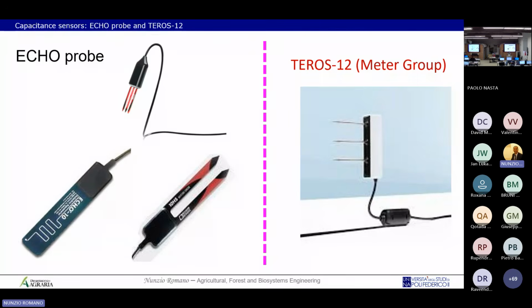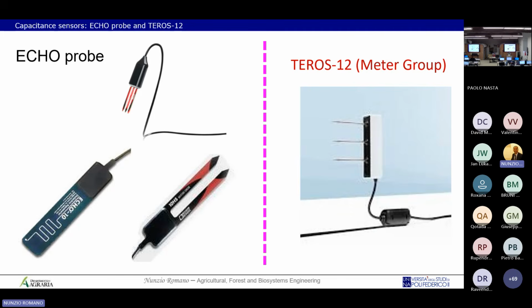Again, I would stress once more the importance not only of measuring the soil water content, but also of measuring the temperature and the salinity, especially if you monitor for days and days, because of the fluctuation of the soil water content.